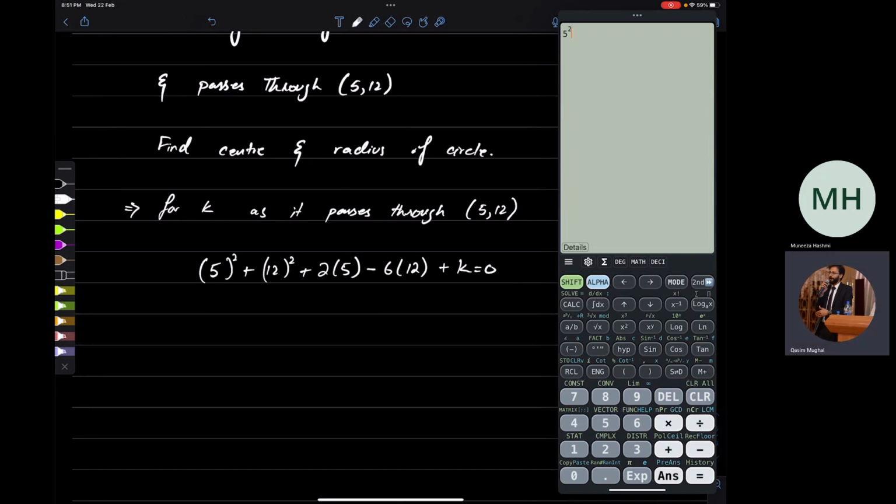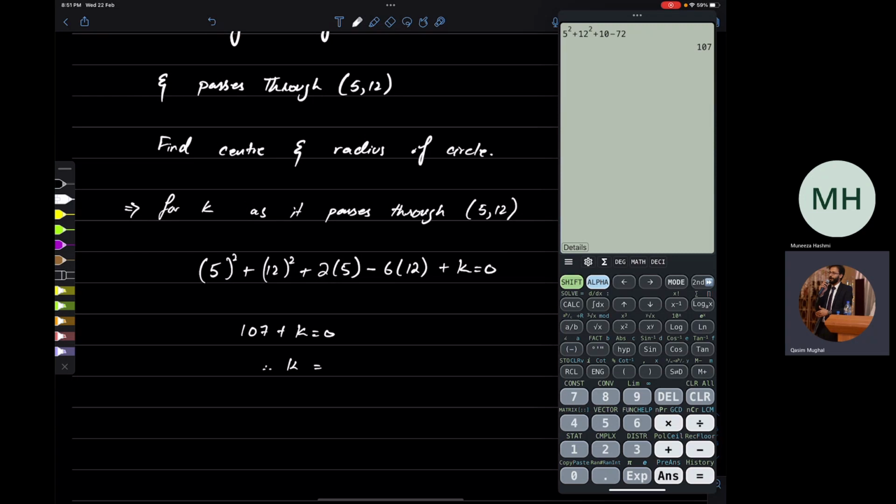So that's 5 squared plus 12 squared plus 2 times 5 is 10 minus 12 times 6 is 72, and that's 107. So 107 plus k equals 0.